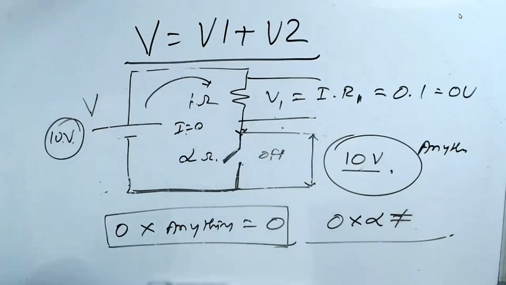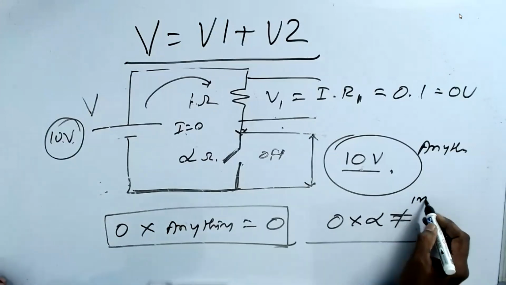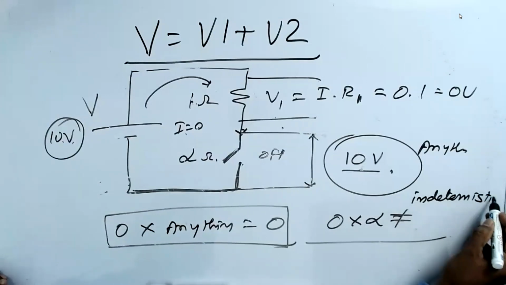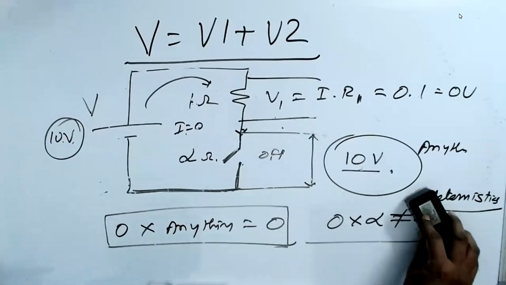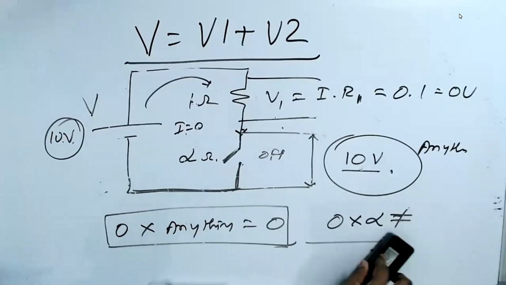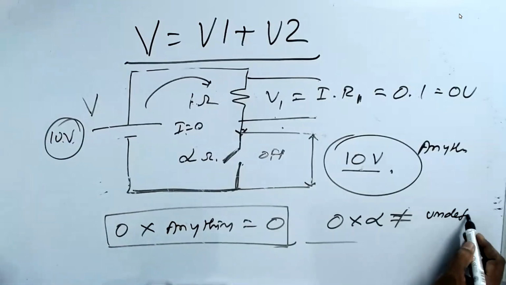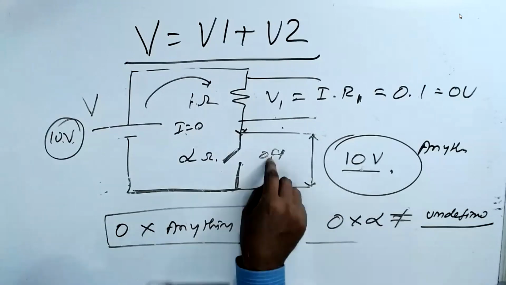Actually, the right word is indeterminate. You cannot determine. That's why they call it indeterministic. Or as somebody said, it's called undefined. Since this is undefined, you cannot find it.